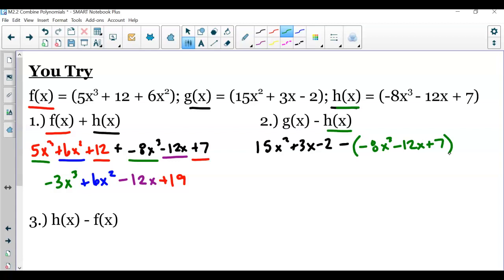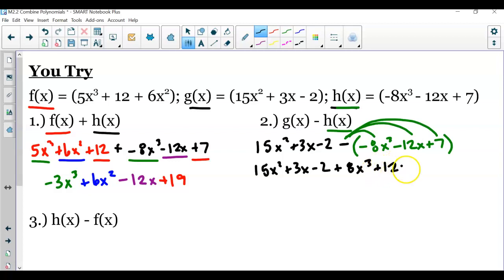Now I'm going to make sure to distribute that negative 1 to every term. This then becomes 15x squared plus 3x minus 2, but now instead of negative 8x cubed, positive, so plus 8x cubed. Now instead of negative 12x, plus 12x, and then no longer positive 7, but now minus 7.